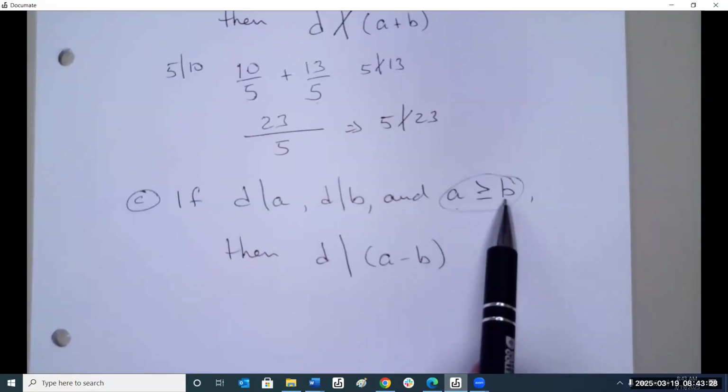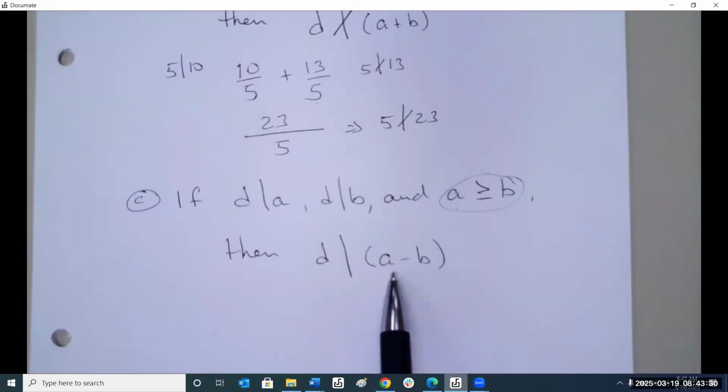If B was bigger than A, what would this give us? A negative number. Is a negative number in the whole number system? No. So we have to stay in closure.